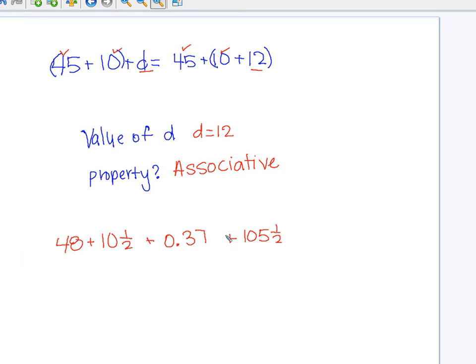I would personally rearrange things and put parentheses around the things that are going to make it easier for me. And if you're using parentheses and regrouping things, you are using the associative property. I told the kids in class you can't go wrong with the associative property.